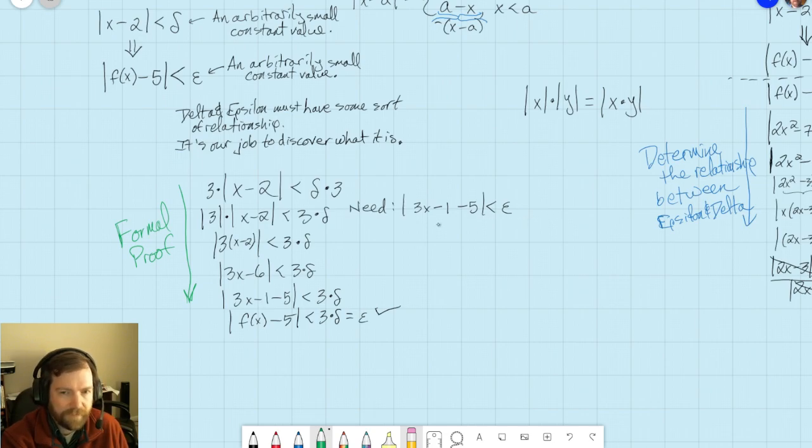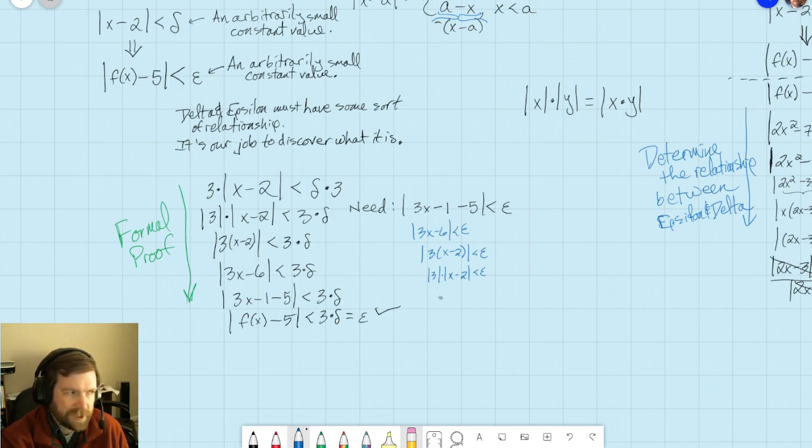So on this side, determining the relationship was kind of superfluous, because all we were doing was saying, okay, if this is going to be 3x minus 6, it's less than epsilon. This is going to be the absolute value of 3 times x minus 2, it's less than epsilon. So this is the absolute value of 3 times the absolute value of x minus 2, it's less than epsilon, and then divide here.